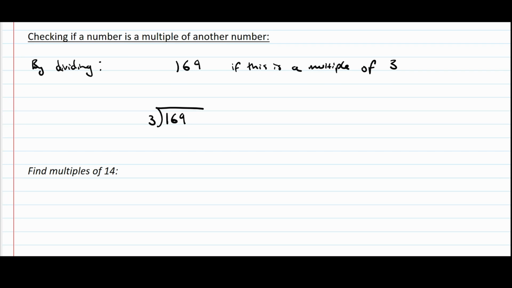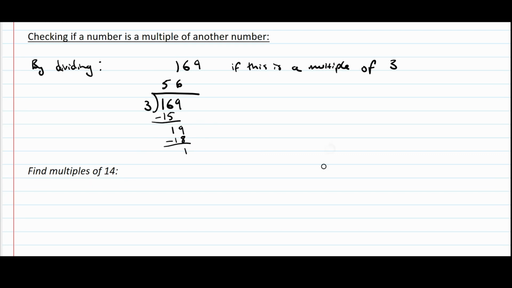So how many times does 3 go into 16? It can go in 5 times, because 5 times 3 is 15. So you minus, and you get 1, and then the 9 carries over. So how many times does 3 go into 19? It goes 6 times, but you're left with 1 here.